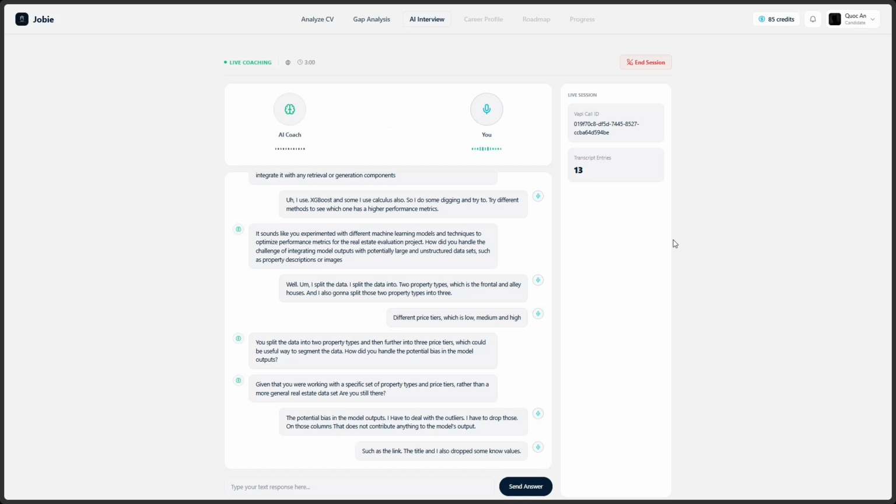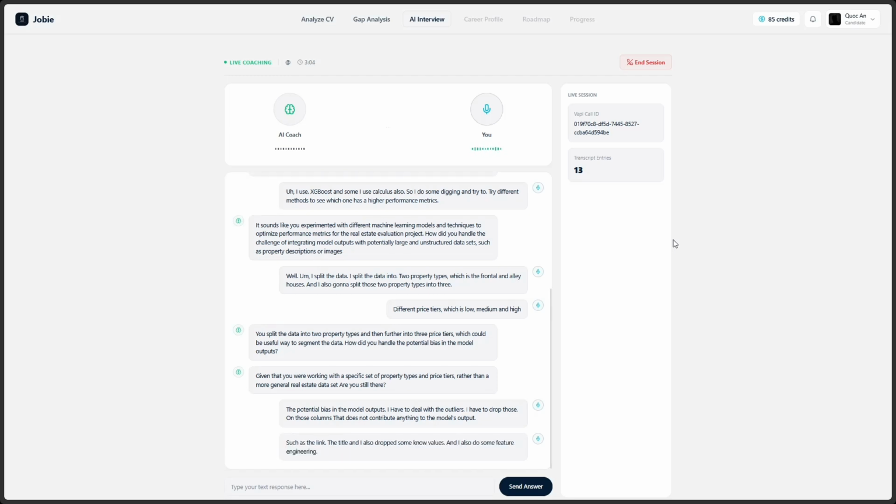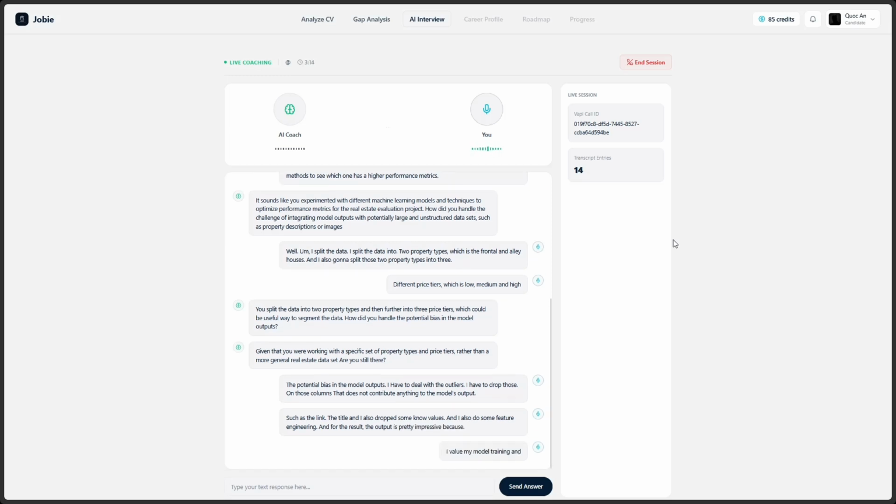And I also do some feature engineering, and the result is pretty impressive because I evaluate my model training using metrics such as RMSE, MAPE, and R squared.